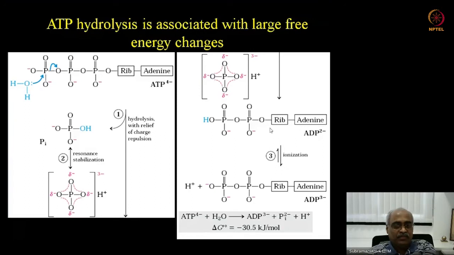So that is one way of using ATP as an example to understand that concept. That is one thing. Second main point here is the question, why is ATP a high energy molecule? These are the reasons. So you need to remember it from that angle as well.